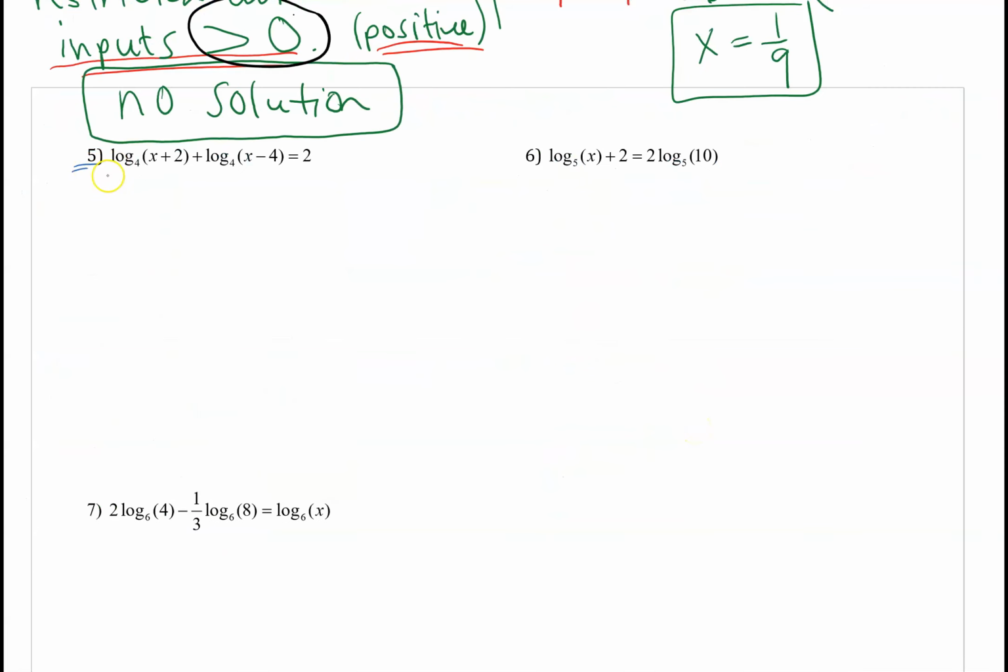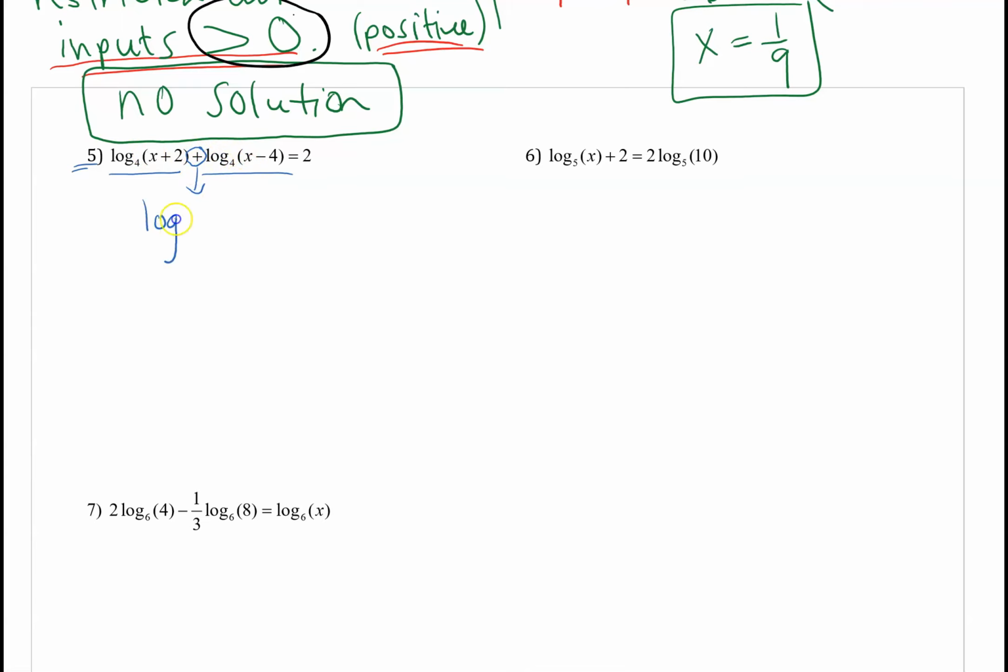Moving on to number 5, I noticed that this matches more like option 2 because of this number 2 that doesn't have a log. So not every item in this equation has a log, so therefore we should combine these logs together so I can get it to just 1 log on this side equals 2 on the other side. So I'm going to use the product property of logs again because these logs are being added.